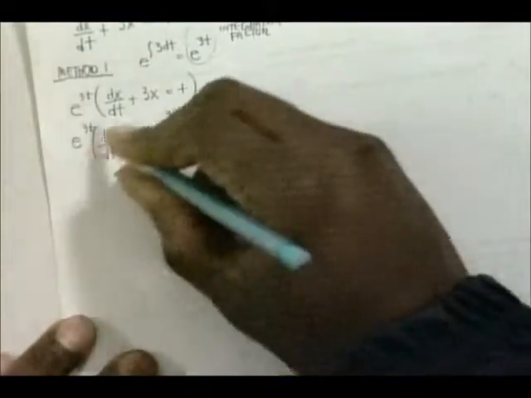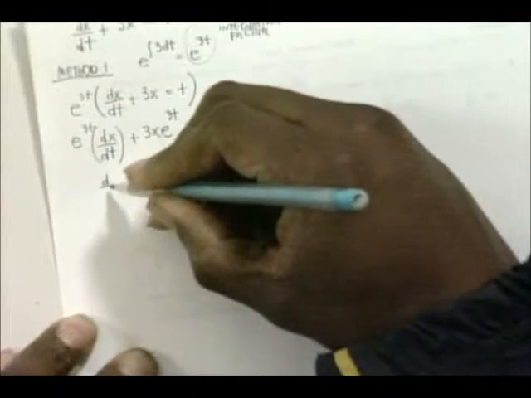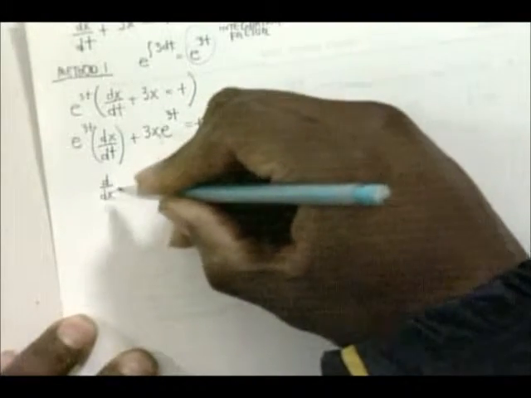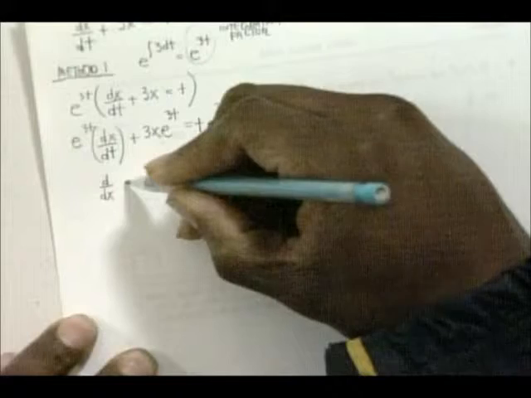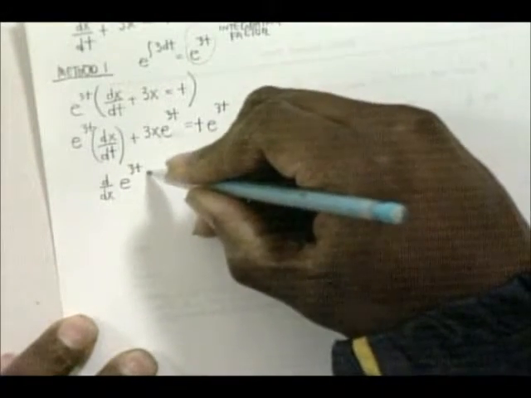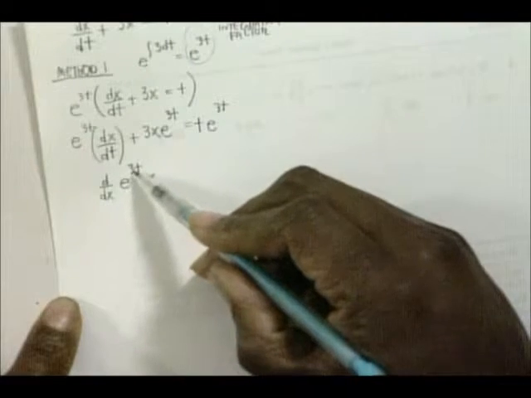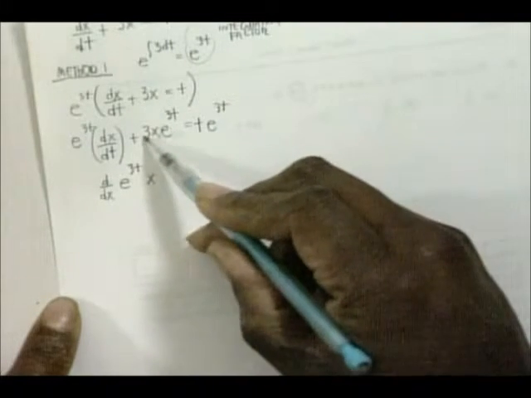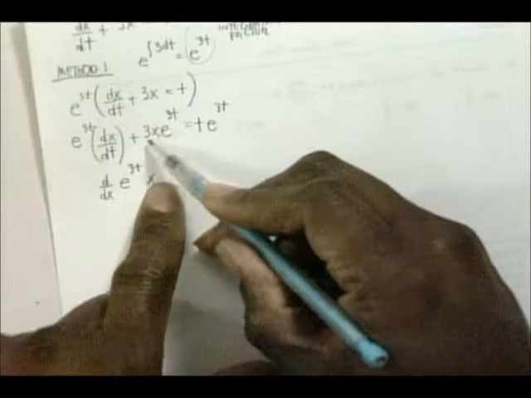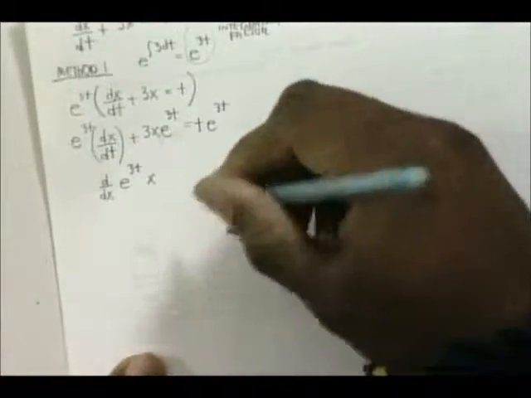All right. So like we said before, all of this represents the derivative of the integrating factor, e to the 3t, times x. If you look very carefully, the derivative of e to the 3t is e to the 3t times 3 times the x, added to the derivative of x times the e to the 3t untouched.